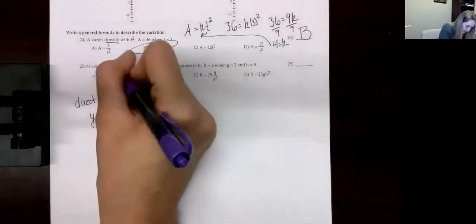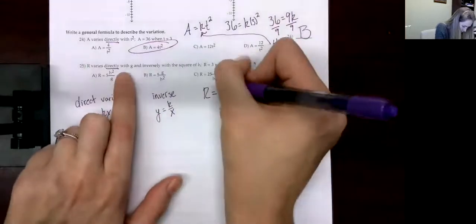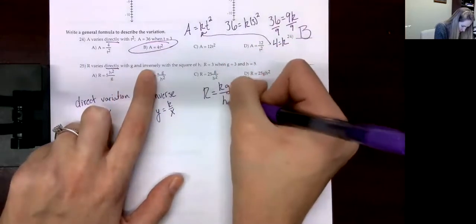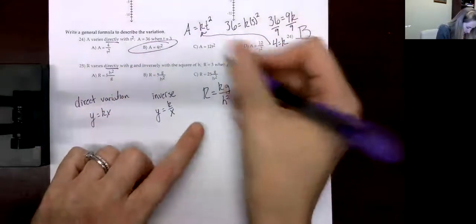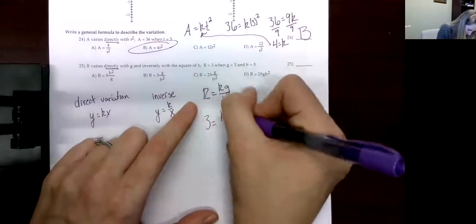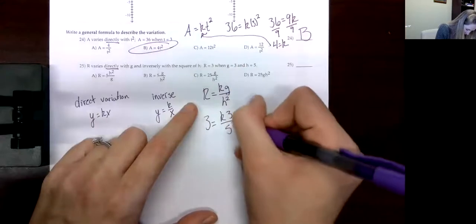R varies directly with G and inversely with the square of H. So we're going to substitute into this and solve for K, so R equals 3, K, G equals 3. We'd have 5 squared.